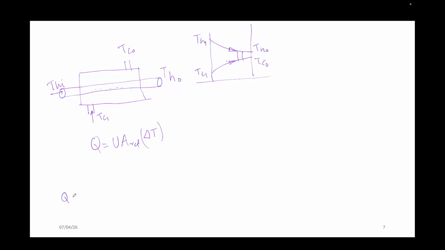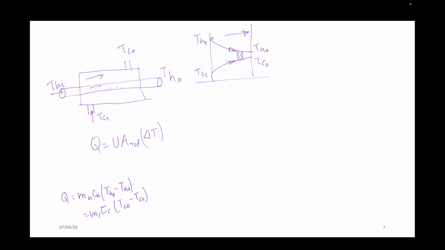So you got Q equal to mH CH, equal to, okay, these two are equal, you got it, right? Now in this small section, say the flow is in this direction, from this side to this side, right? So this is the direction.